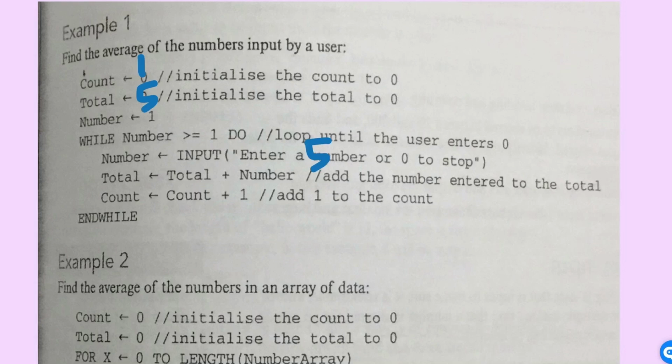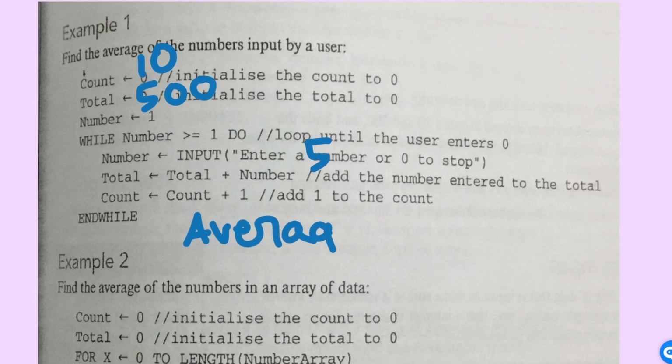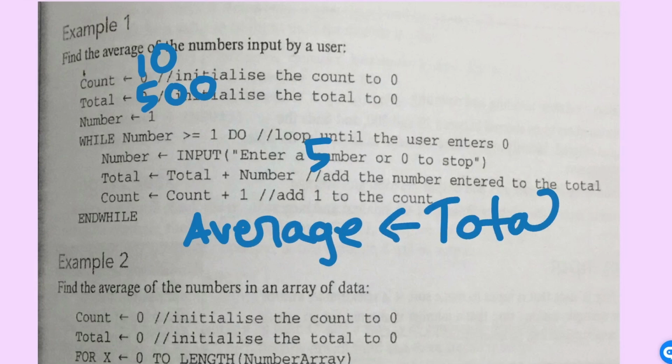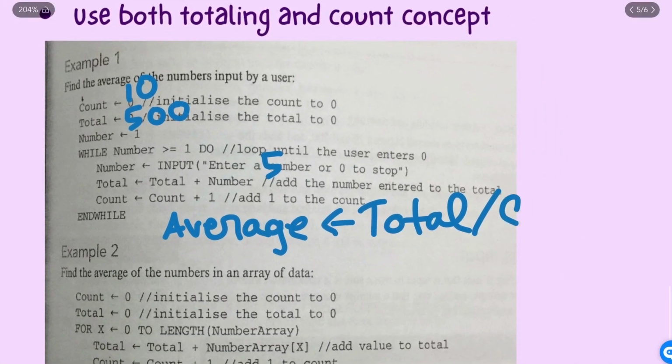And at the end of all of it, let's say our total was 500 and our count was 10. Okay? So after all of that, there will be a code entered at the end of the loop, which is gonna look like this. They're gonna give you a variable average, and average is gonna be total divided by count.